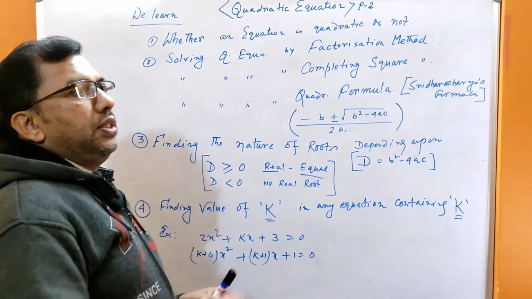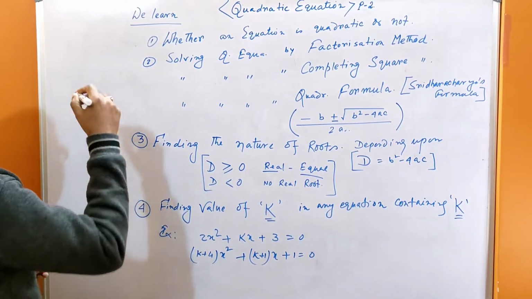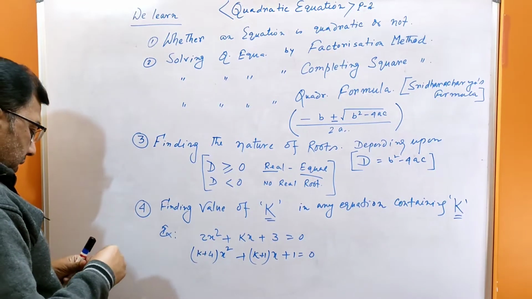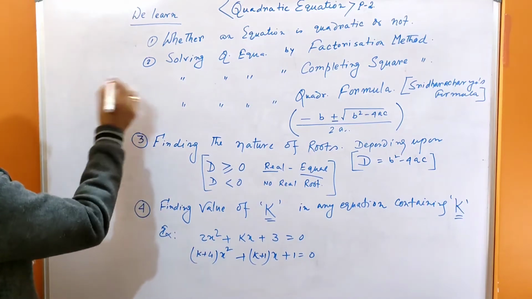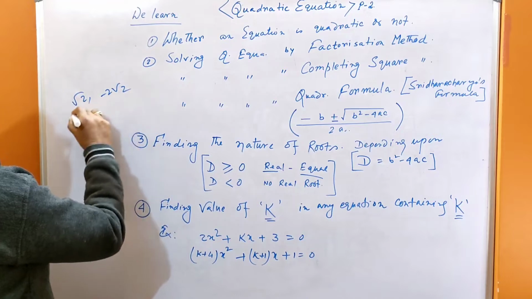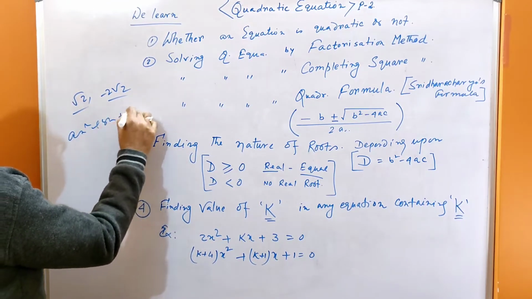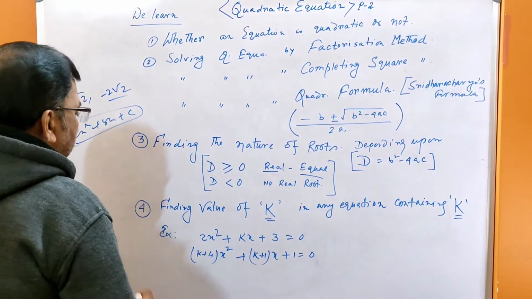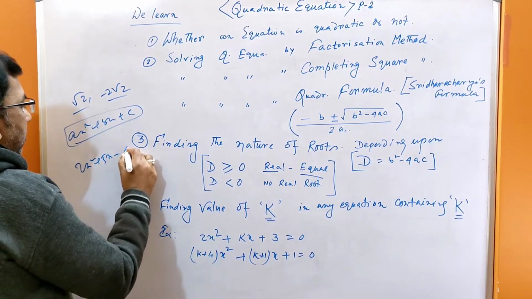Find out whether these are the roots. Suppose an equation is given and you are asked whether 2 and minus 2 root 2 are the roots of the given equation. Suppose the standard form x square plus bx plus c is given, such as 2x square plus 5x plus 6.